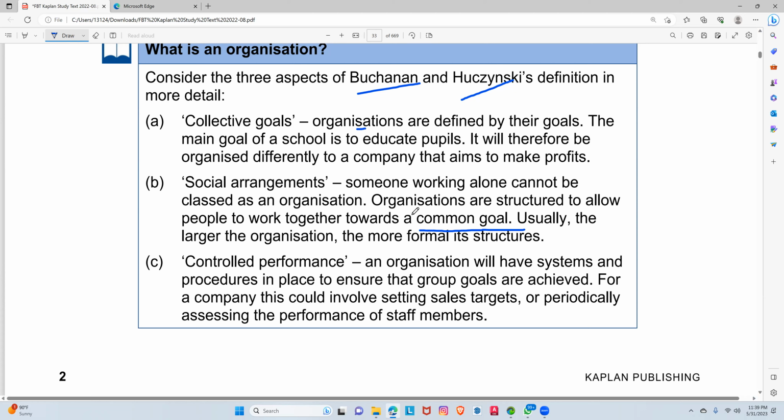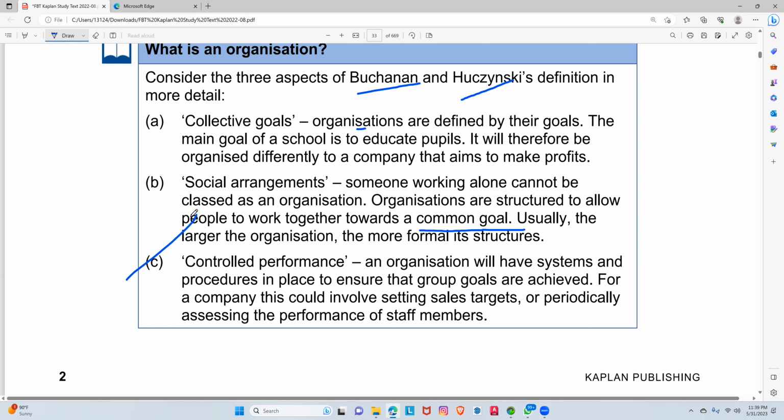Then controlled performance. Now, this is where there are many organizations which run out of business. Now, understand this. We are talking about business now. Now, business and organizations can run if people are able to manage people.